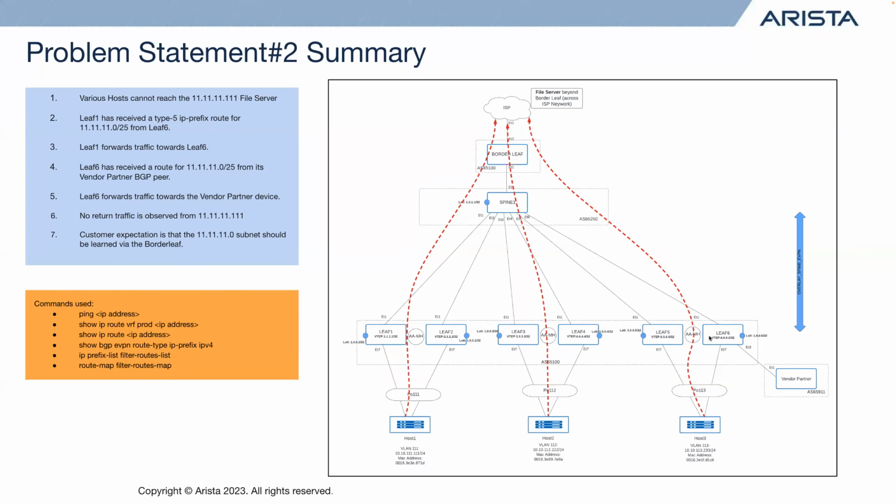Leaf 6 had received a route for the 11.11.11.0/25 from its vendor partner BGP peering. Leaf 6 forwarded traffic onto the vendor partner, but no return traffic was observed. The customer expectation was that this subnet should be reachable via the border leaf.